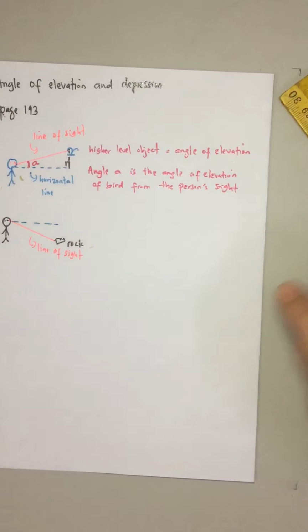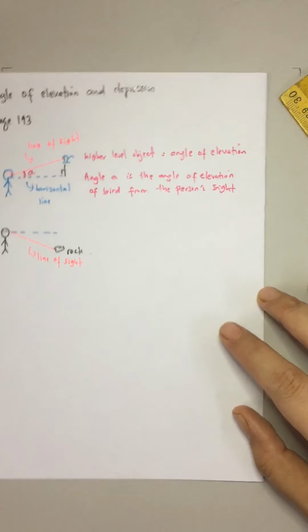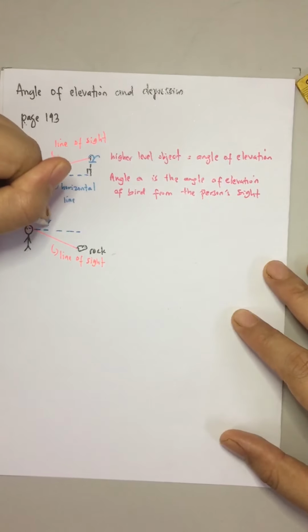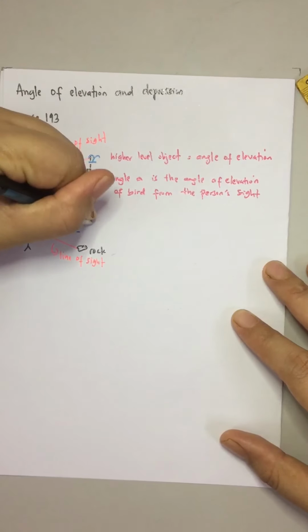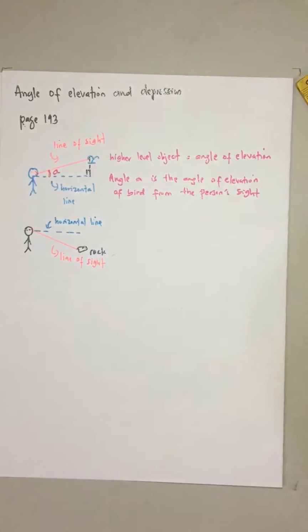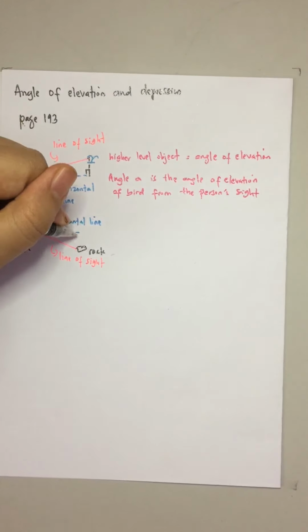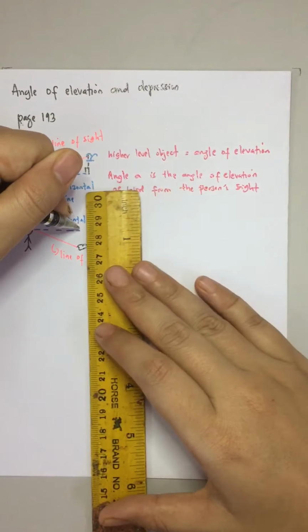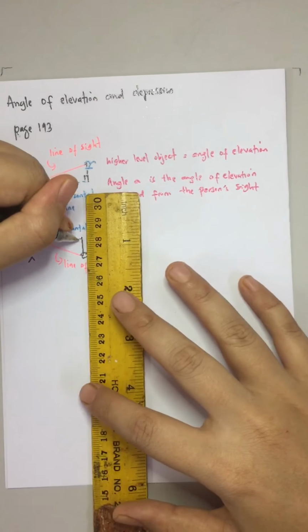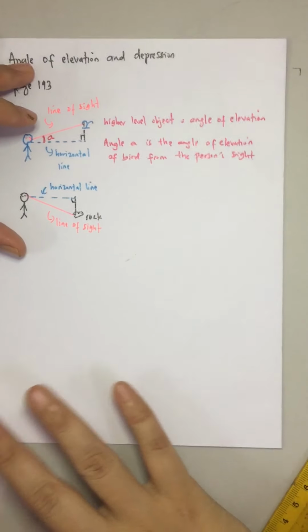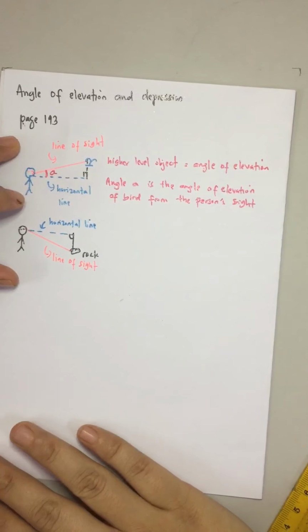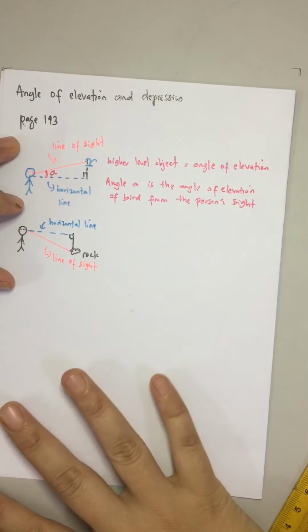This is the horizontal line, and then this is our straight line, 90 degrees.